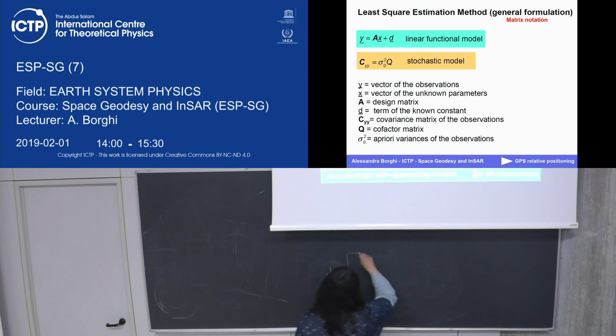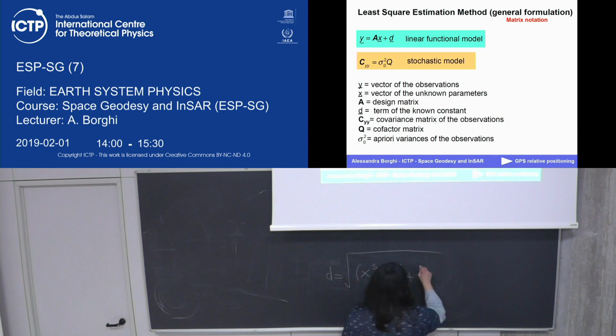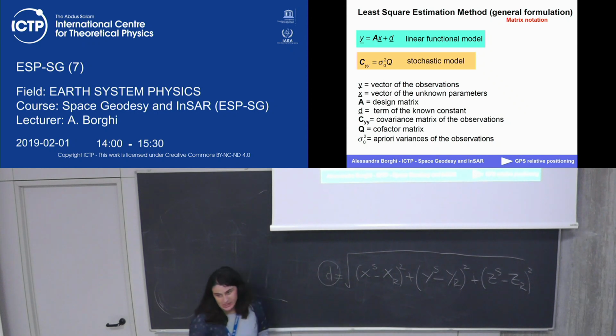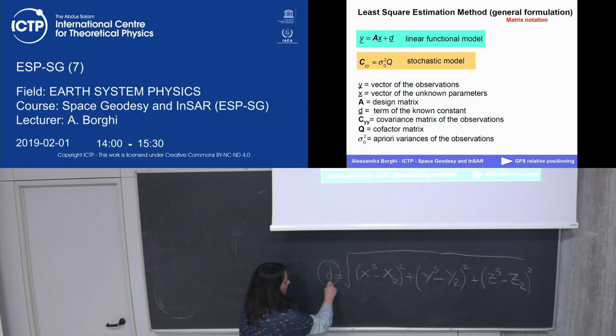So we have this quantity, x satellite minus x receiver squared plus, and so on. This is our observation that we can obtain using code observation or phase observation. This is the measure.